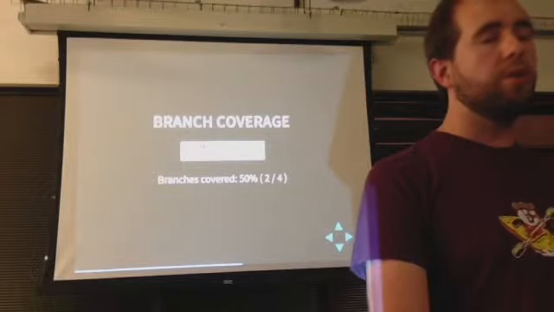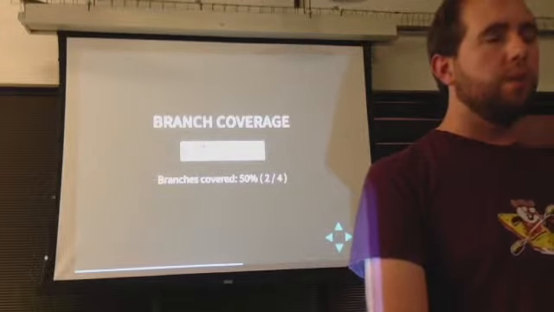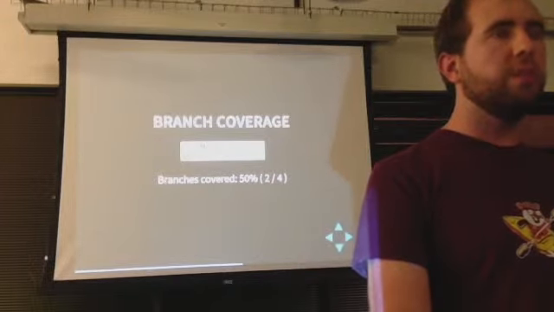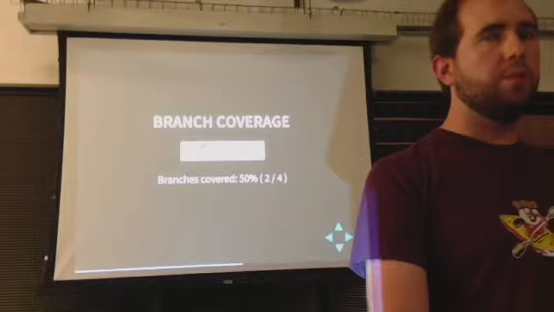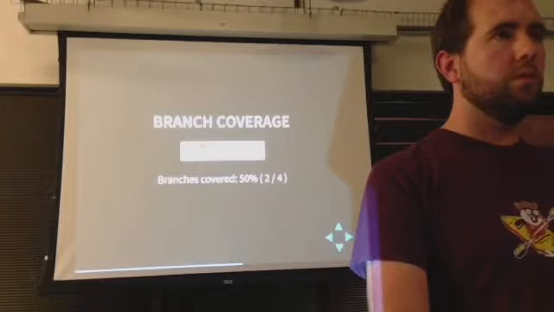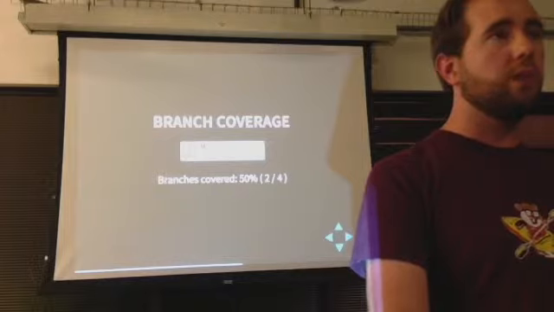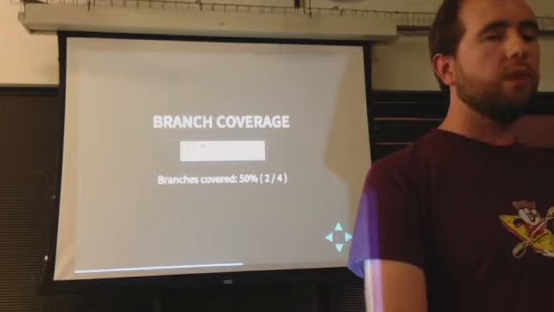Or rather, our if statement was always true, meaning that console.log is always executed. We never skipped that. What's an if statement if it's always true? Pointless. So it's basically telling us that we either have a bug in our code or we have a test that's not testing something. Now what's the other branch that's missing?